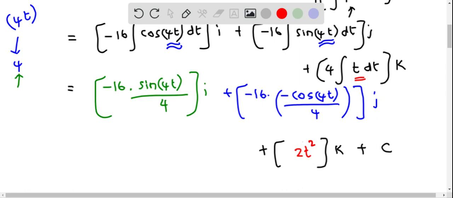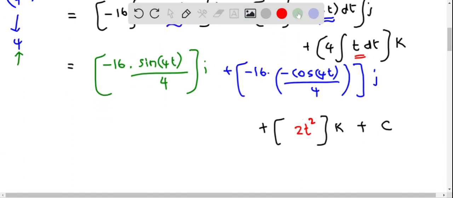Now let's write this in simplified form. For the i component, we can divide the 16 by 4, and this goes 4 times. Similarly, we divide this 16 by 4, and once again this goes 4 times. So for the i component, we have negative 4 times sine of 4t.